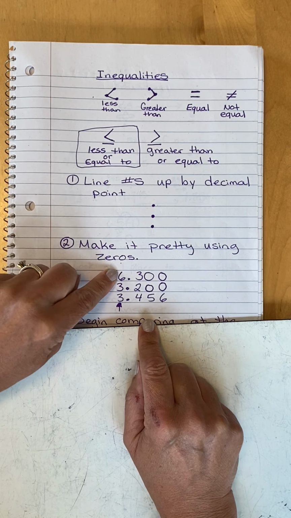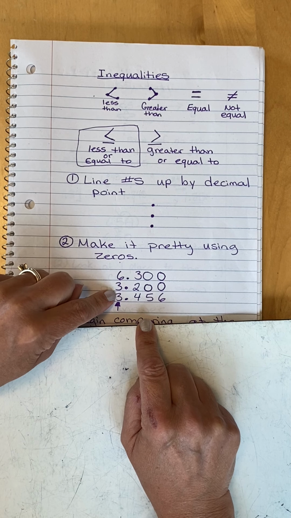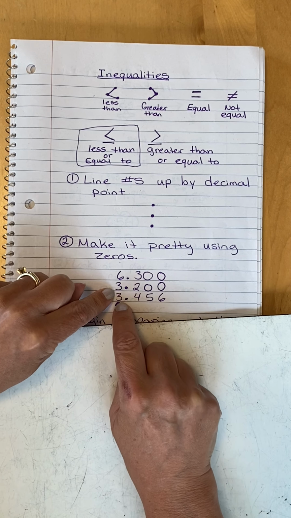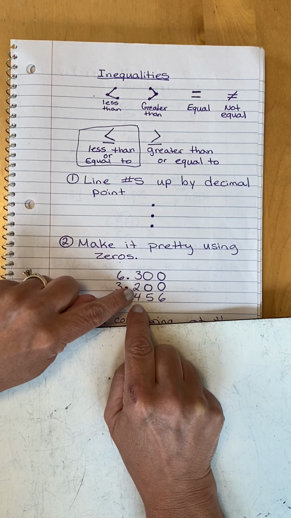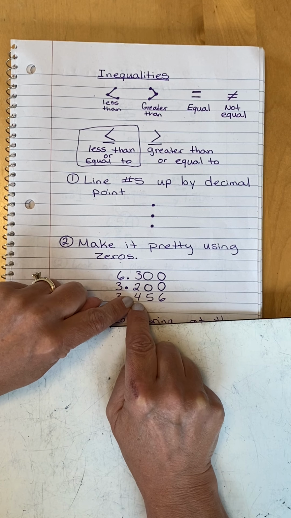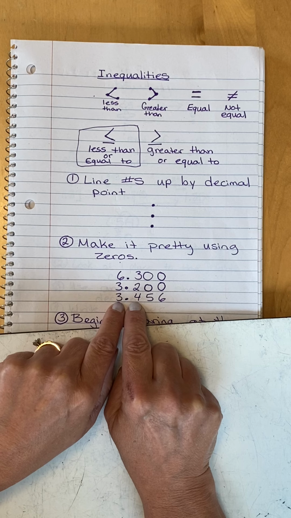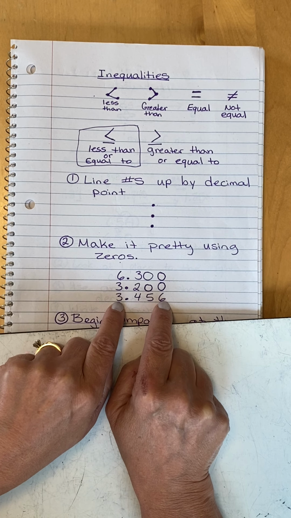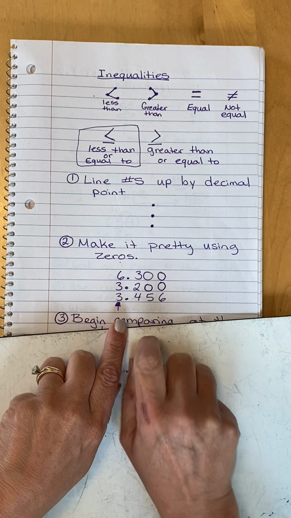So our 6 right there said it's more than 3's. Now we have 2 places that are the same, 3 and 3. So we go to the next place over. And this is where you were correct. 4/10 is greater than 2/10. So 3 and 456 thousandths is greater than 3 and 2/10. But because of the 4.